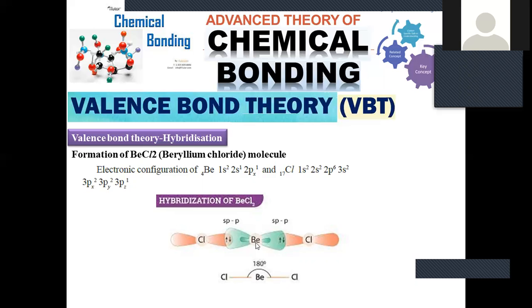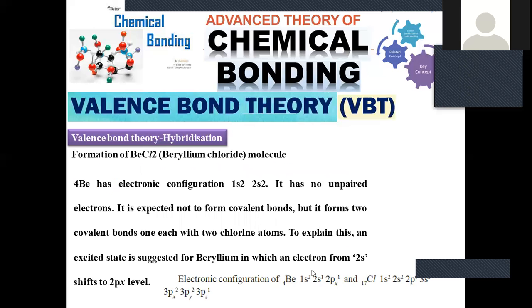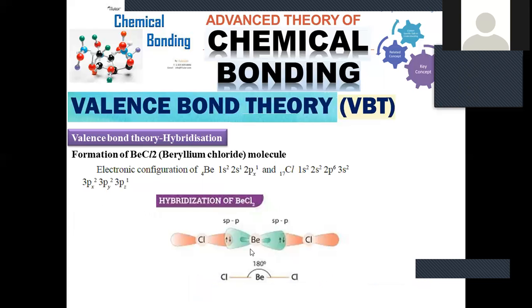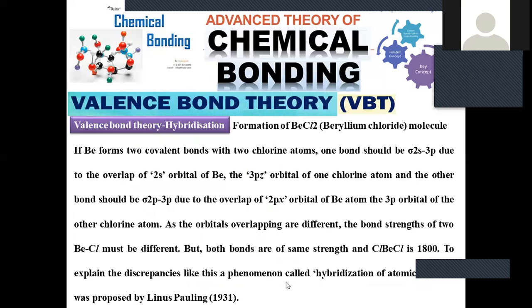We have one 2s orbital and one 2px orbital, which means 1 s orbital and 1 p orbital are mixed in equal proportion, so that sp hybridized orbitals are generated in a linear fashion. They combine with the 2 chlorine atoms individually, forming hybridized orbitals that mutually share electrons with the chlorine atoms, and a linear molecule is generated, whose bond angle is 180 degrees.